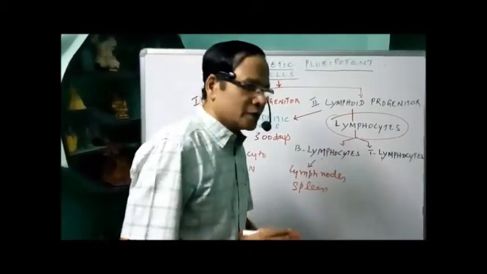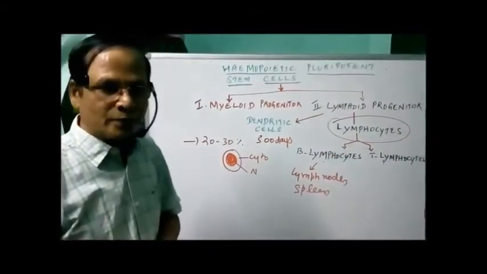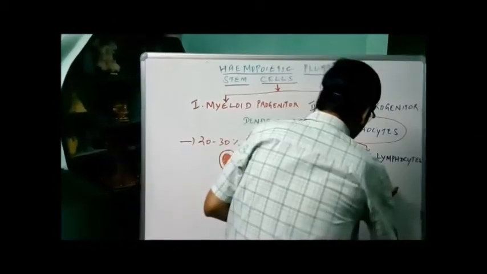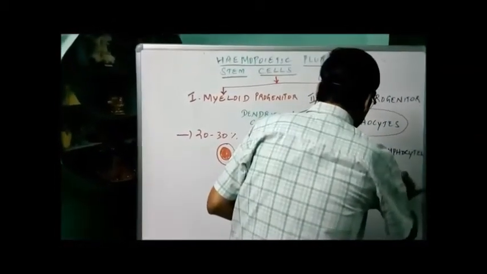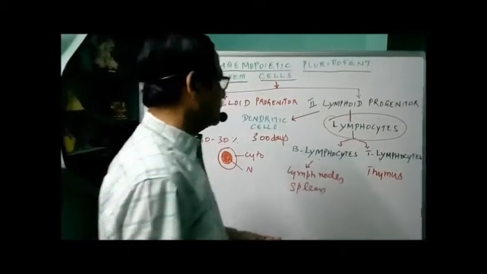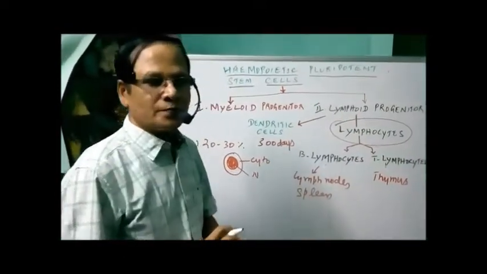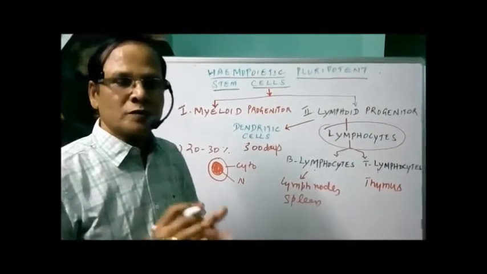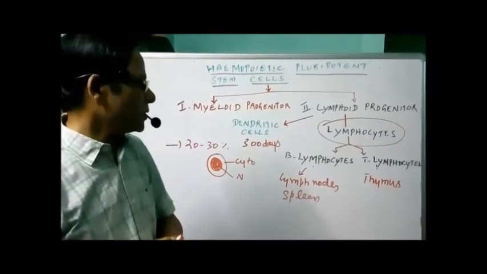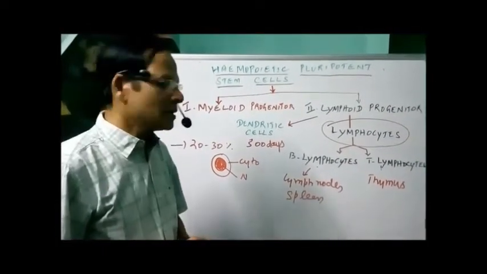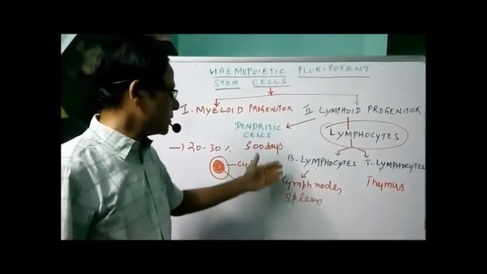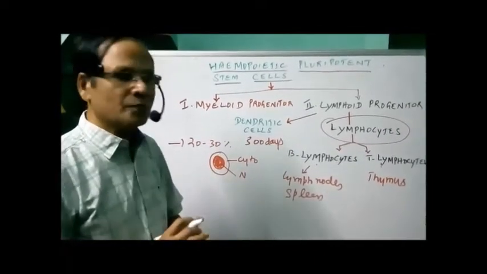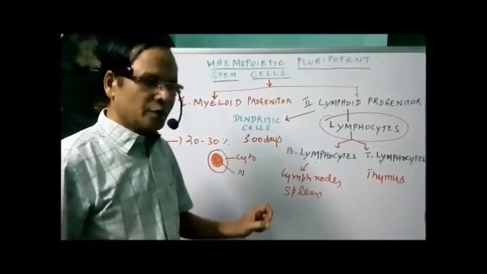About the T lymphocytes, their production is in the bone marrow, but maturation is in the thymus gland. That's why they are called thymocytes. Just like B lymphocytes, they also get accumulated in organs like the lymph nodes and spleen. So I'll make the difference clear.